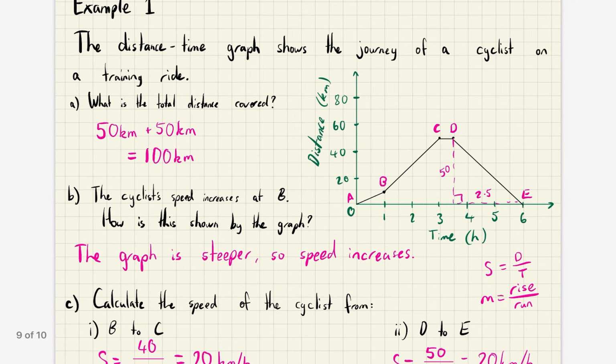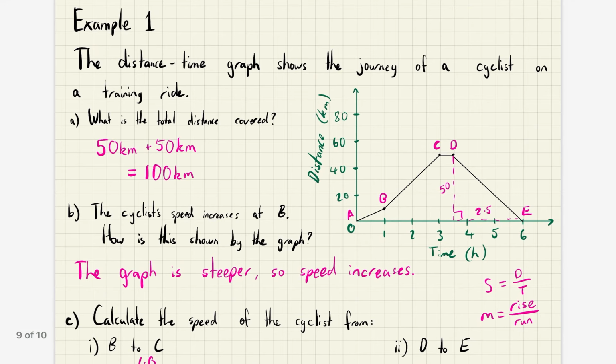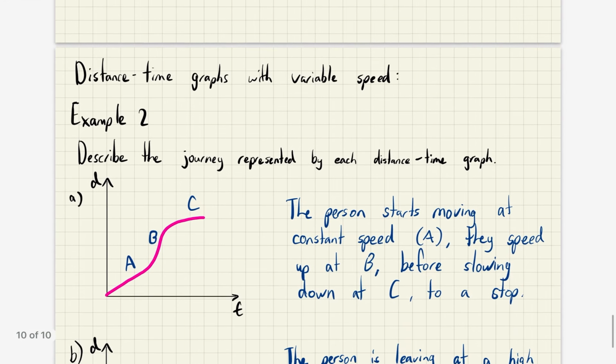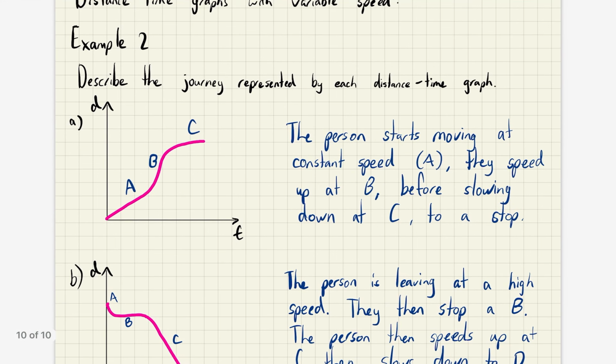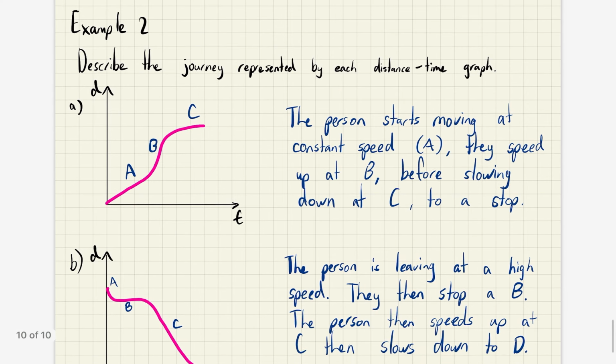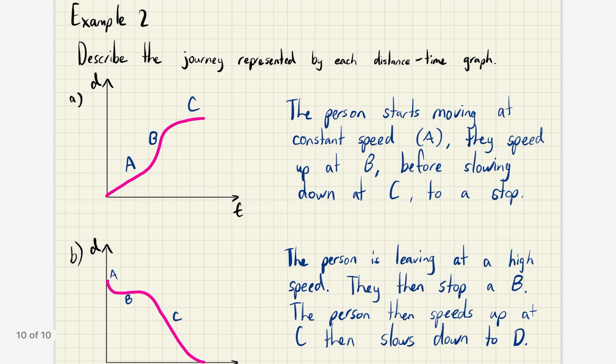I'll just quickly recap. So there's two main things you can be asked. You can be asked to analyse a distance time graph. You can be asked to analyse a distance time graph with a variable speed, which is where it gets curvy. And then the other time is if sometimes you might need to draw a distance time graph based on a story. So kind of like the opposite of what's going on here.